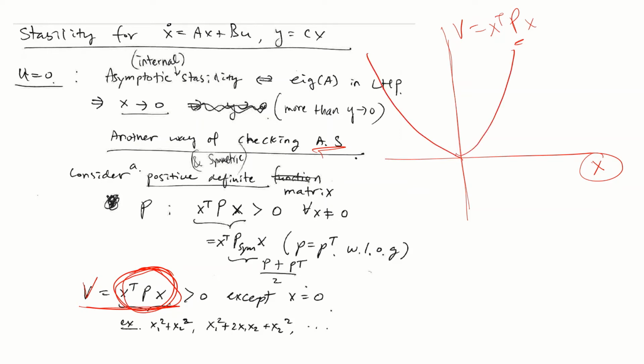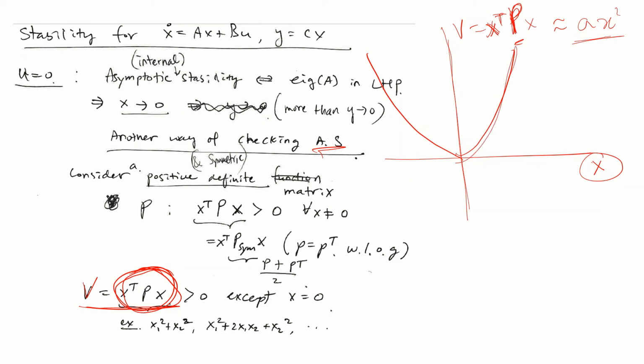Well, if P is a scalar, it is going to be like ax squared. If P is just a number and x is a number, then x transpose x is x squared, and so this is a parabolic equation.